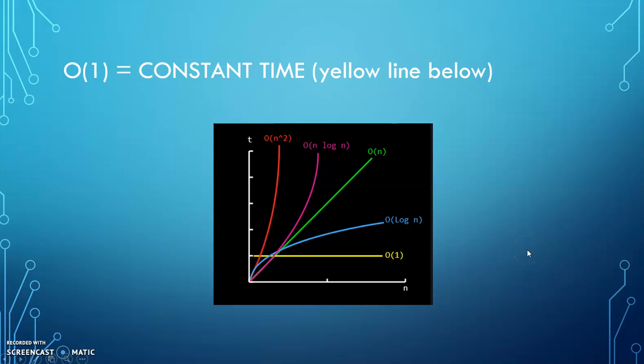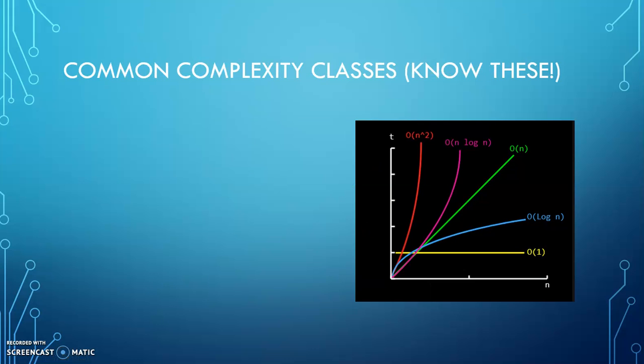So let's sum this all up. Okay, so these are the common complexity classes, or the big O classifications that we've looked at so far. Let's take them one by one. I think just kind of have a relative understanding of these and what's good, what's bad, so to speak. So we have a little scale here.